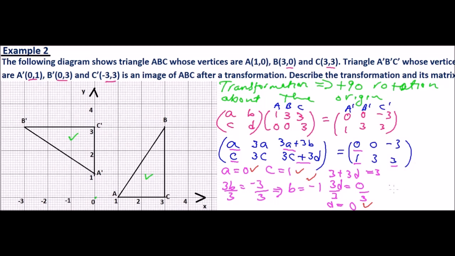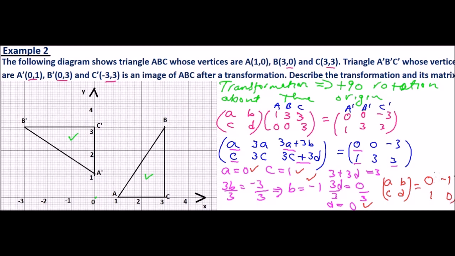So we write A, B, C, and D, which was the matrix of transformation which we had defined, is equal to 0, minus 1, 1, 0.